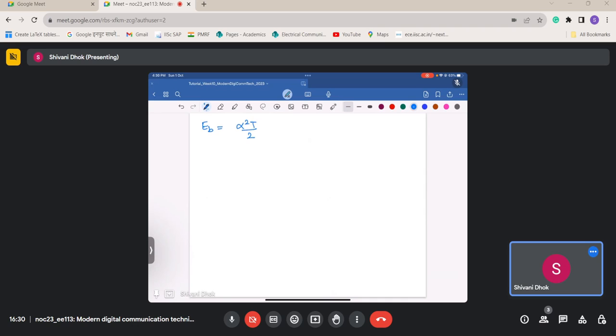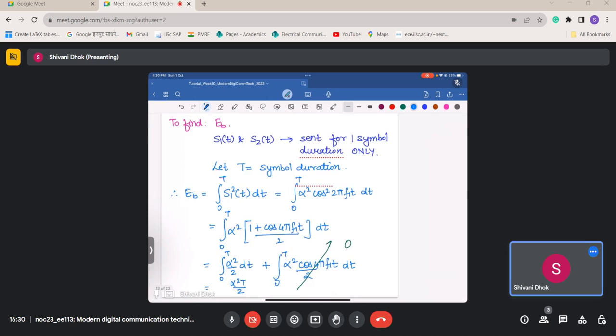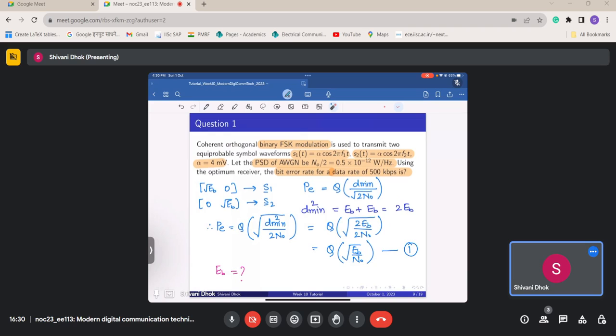This we have. Now alpha square is given, we don't know what is T. This alpha is given as 4 millivolts, but we don't know what is the value of T. However, we are given something which depends on symbol rate, which is this data rate, which is 500 kilobits per second.